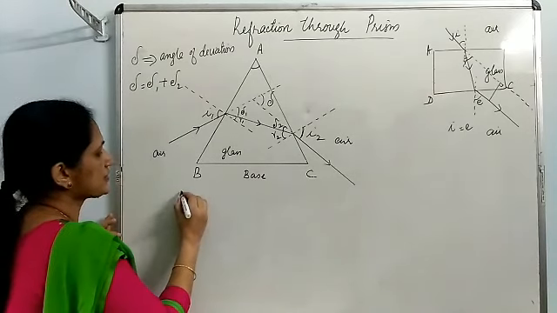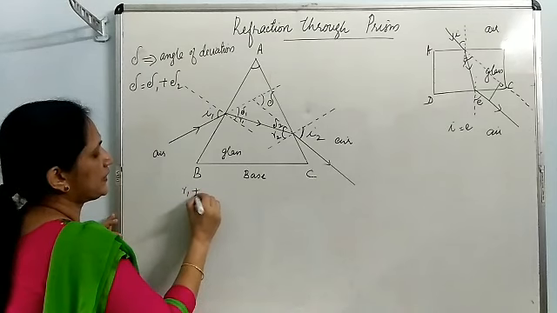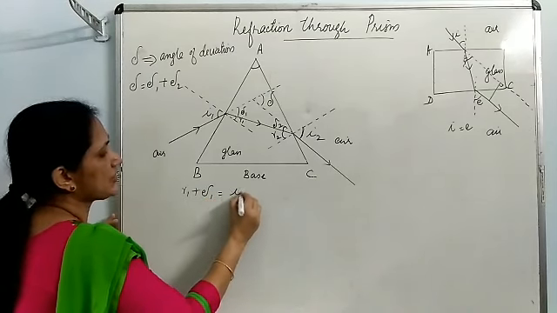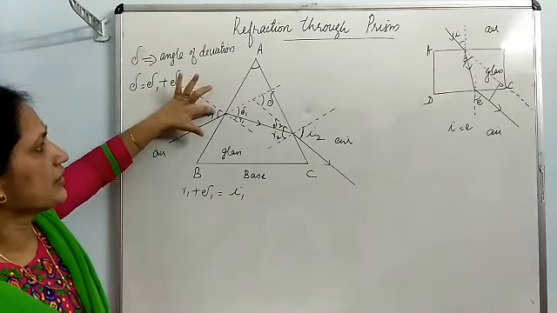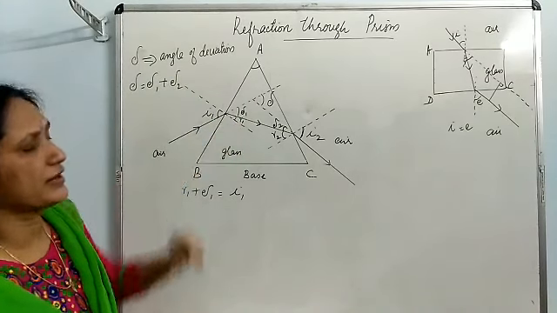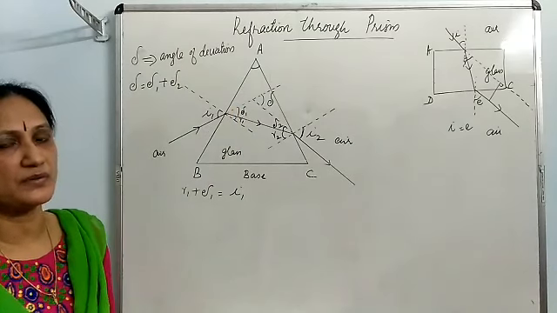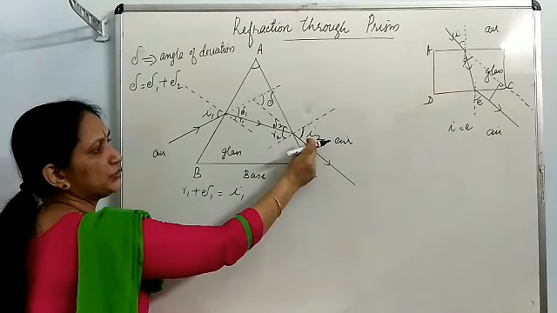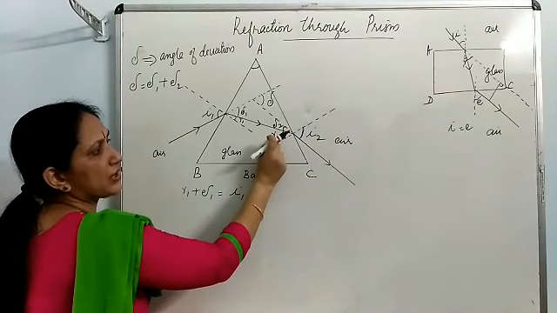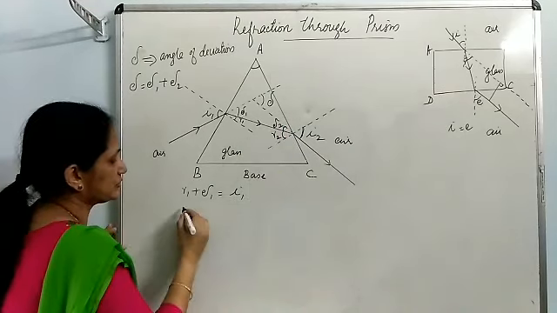So I can write R1 plus delta 1 is equal to I1. You are studying all this in mathematics. Then here similarly I2 is equal to R2 plus delta 2.